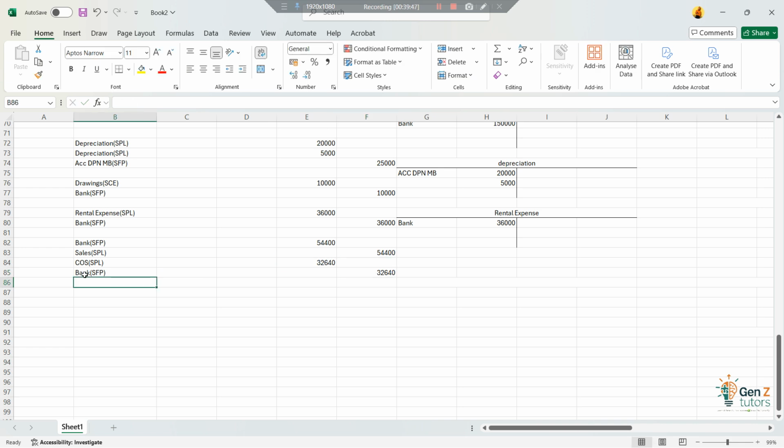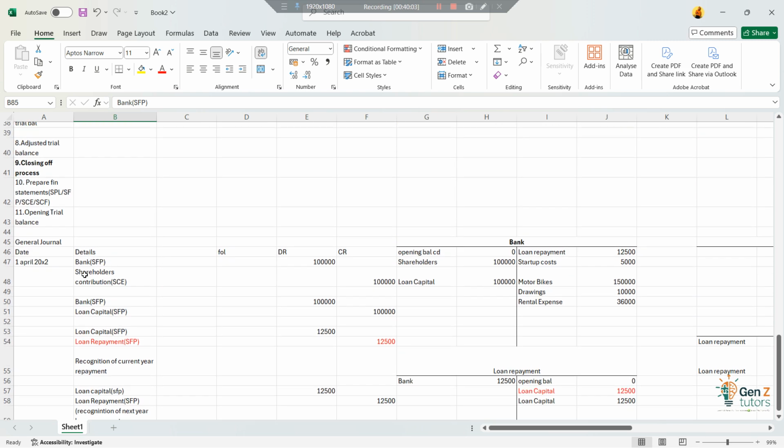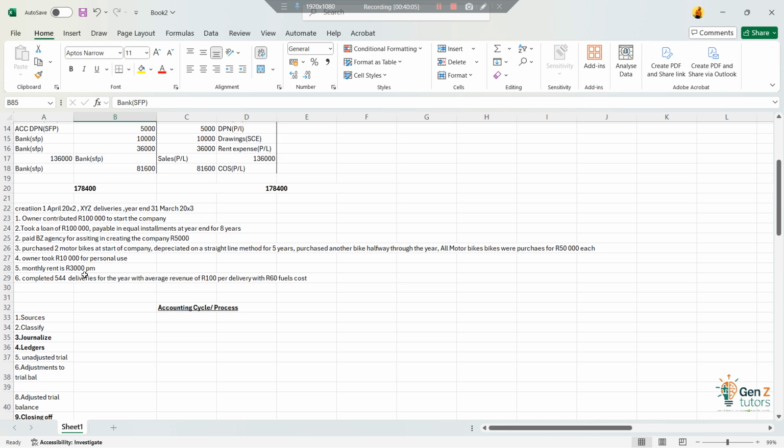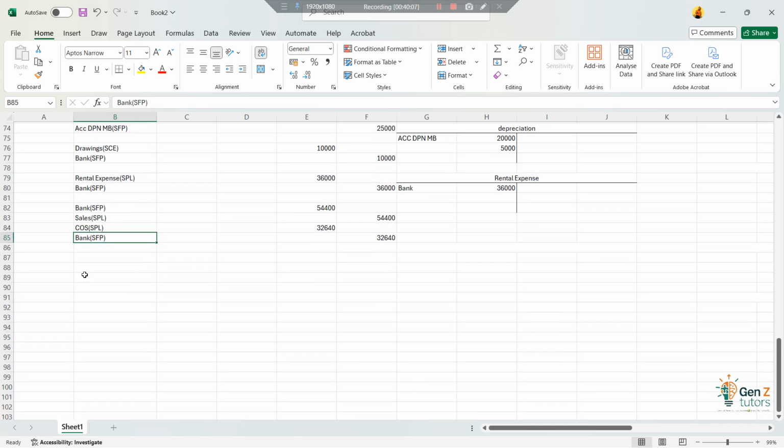I want you to remember that on the credit side, we are not going to credit inventory for the cost of sales. We do not have any fuel tank, other than the one on the vehicle. We do not have any fuel reservoir, since the business is still new and we have not purchased a reservoir tank to store our fuel, so that we can have an inventory of fuel.